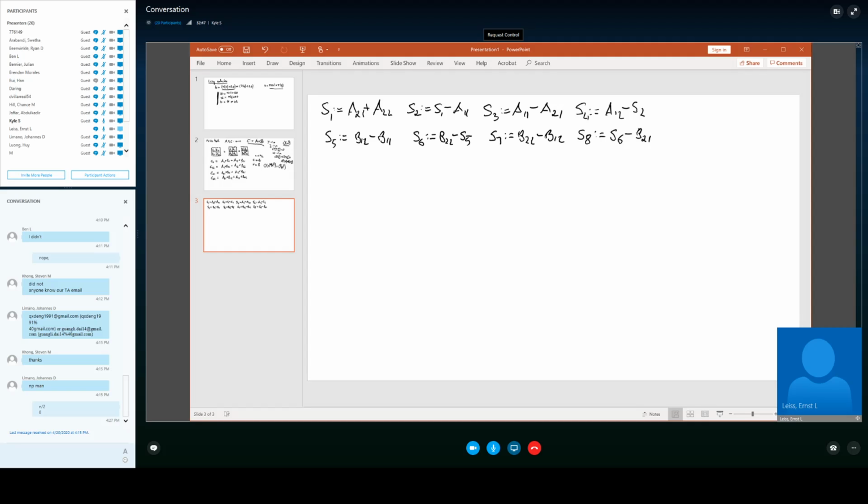Then we have M1 is S2 times S6. We have M2 is A11 times B11.